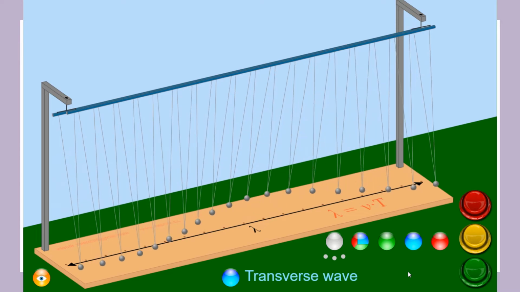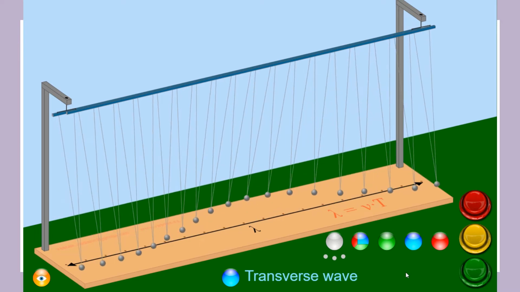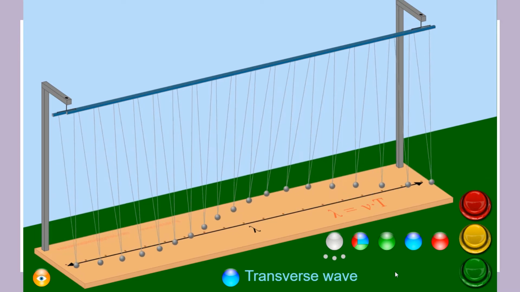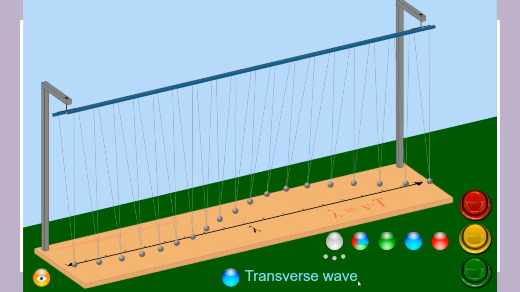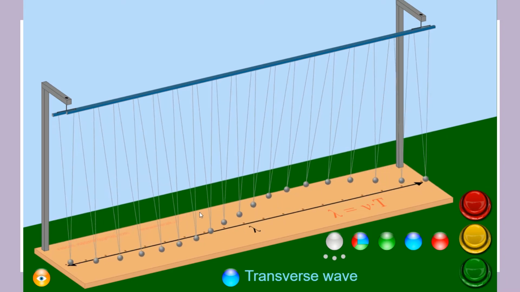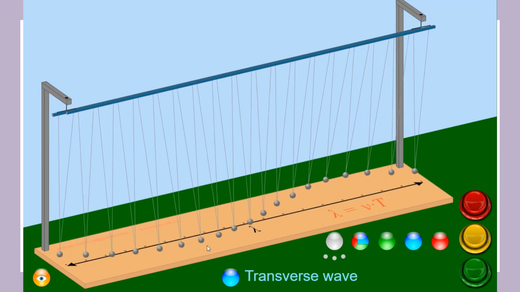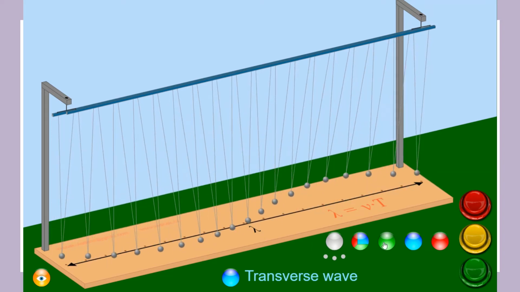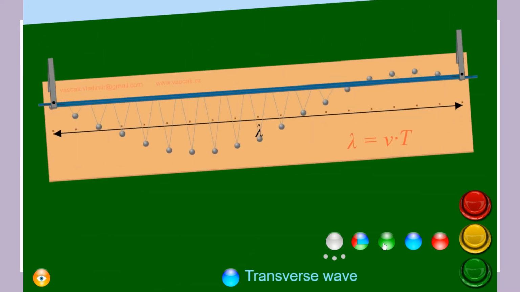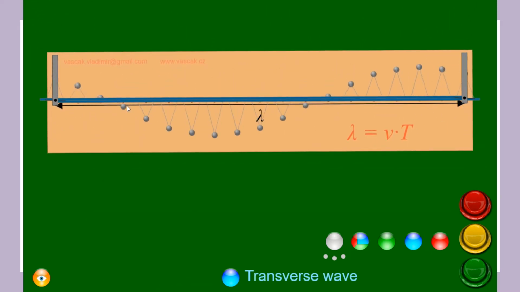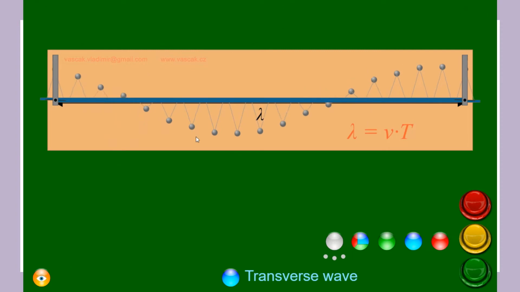Now, not all waves are the same. We have two types of waves, transverse waves and longitudinal waves. What you can see here is actually a transverse wave. You can see many pendulums, and if you take a top view look, you would see that the particles, which are the little balls, are vibrating.